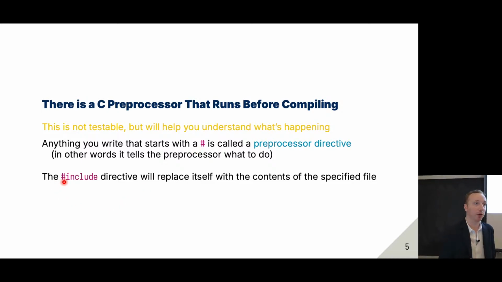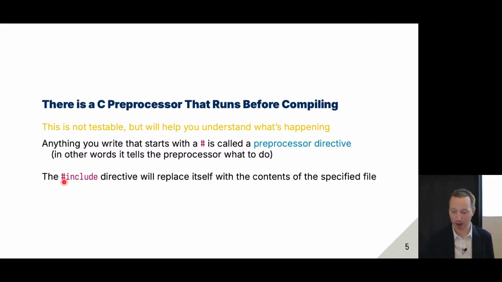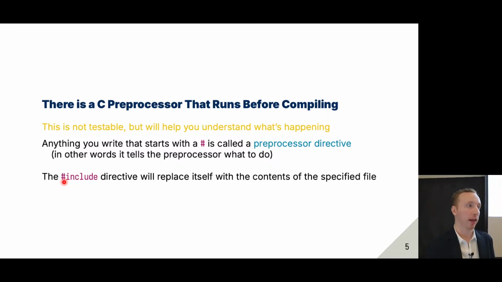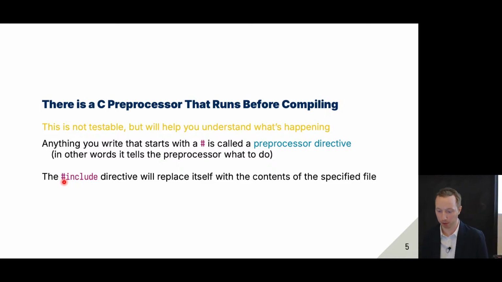So that include preprocessor directive, by the time it actually compiles, it replaces that include with the contents of that file. There's a file somewhere, in this case called something like math.h or stdio.h. That would actually be a file on your machine.